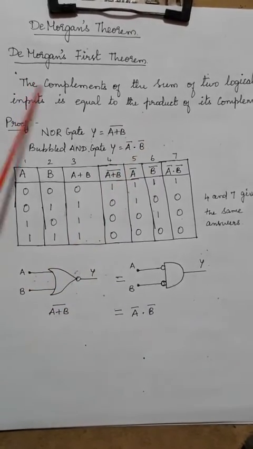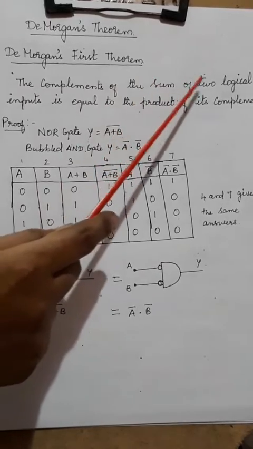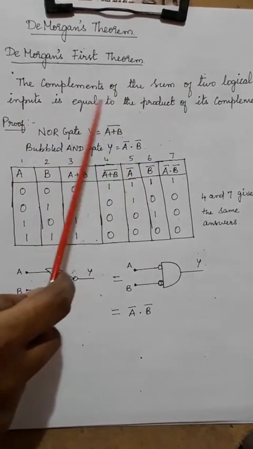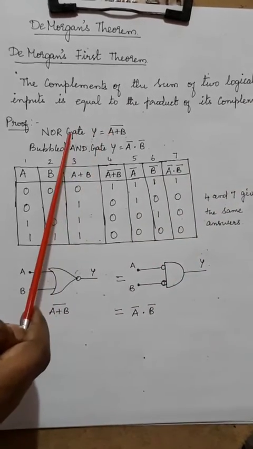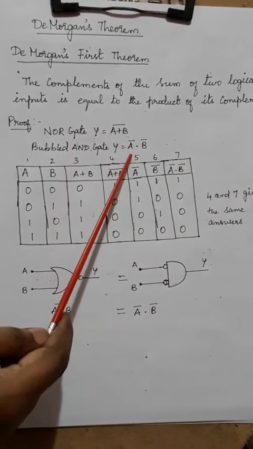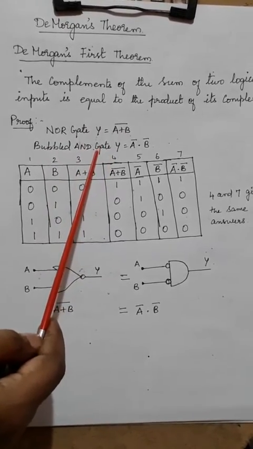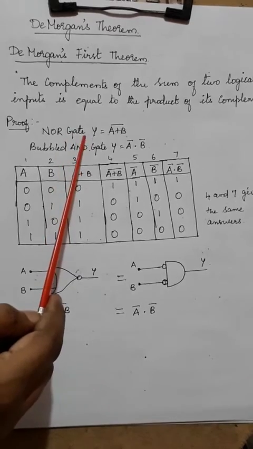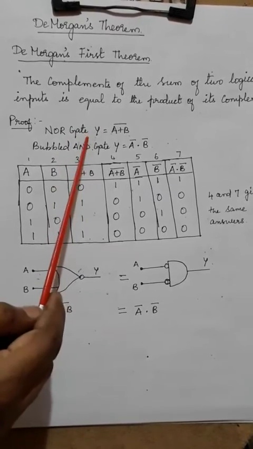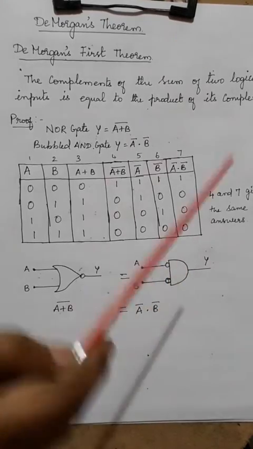That is the first law of De Morgan: the complement of the sum of two logical inputs is equal to the product of its complements. This one is nothing but a NOR gate and this one is a bubbled AND gate. The meaning of bubbled AND gate is that both input a and input b are given to NOT gates and then given to an AND gate.